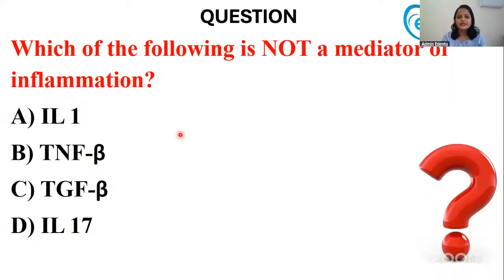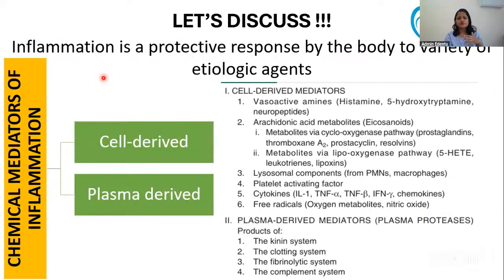Now, next question. Which of the following is not a mediator of inflammation? A similar question was asked in the recent INICET MDS November 24 exam also. Inflammation is the protective response by the body to a variety of etiological agents.